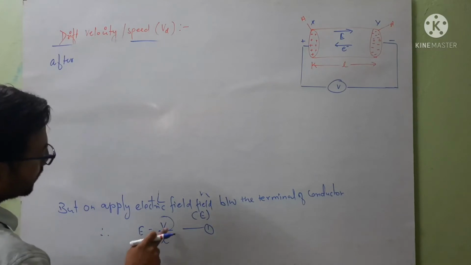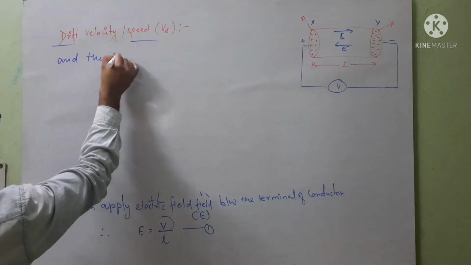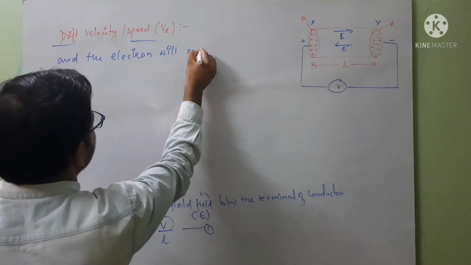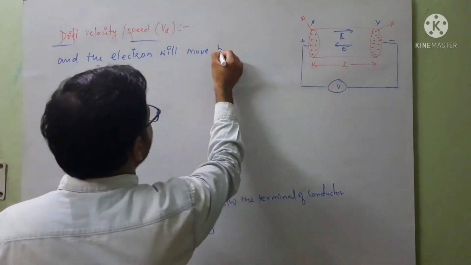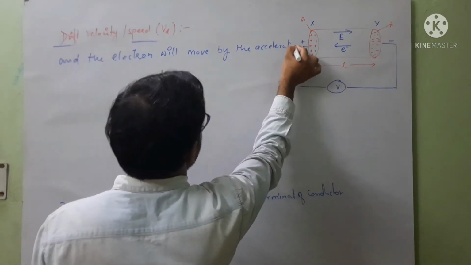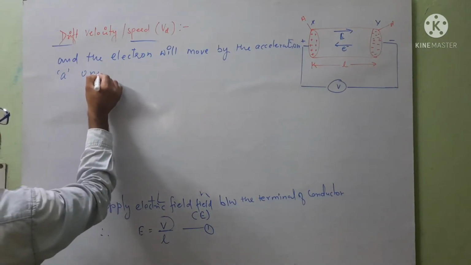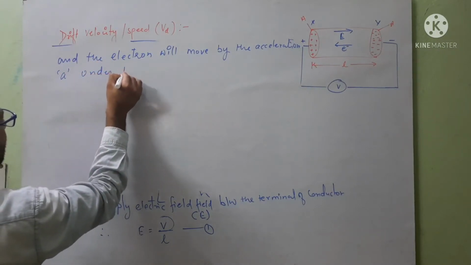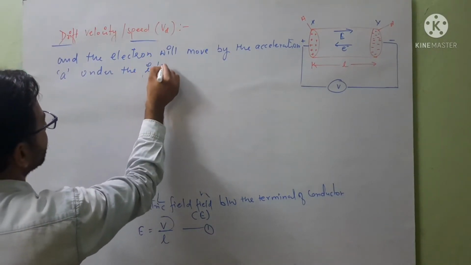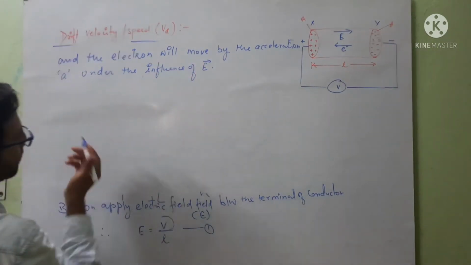So E is equal to V upon L, and the electron will move by the acceleration, supposed to be A, under the influence of electric field E. Very well we know that.